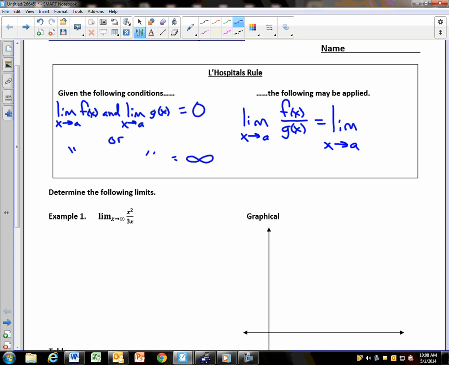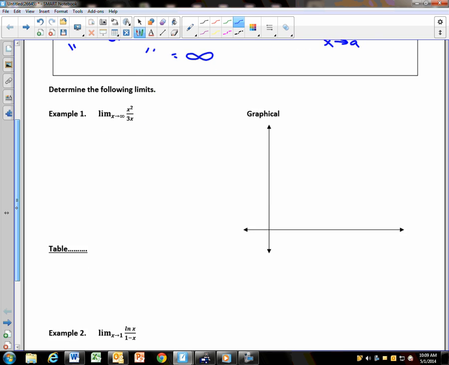If you want to know the rate, you would take the derivative. When in doubt, derive it, right? So all we have to do is just take f prime of x over g prime of x, and we'll see what happens. Okay?